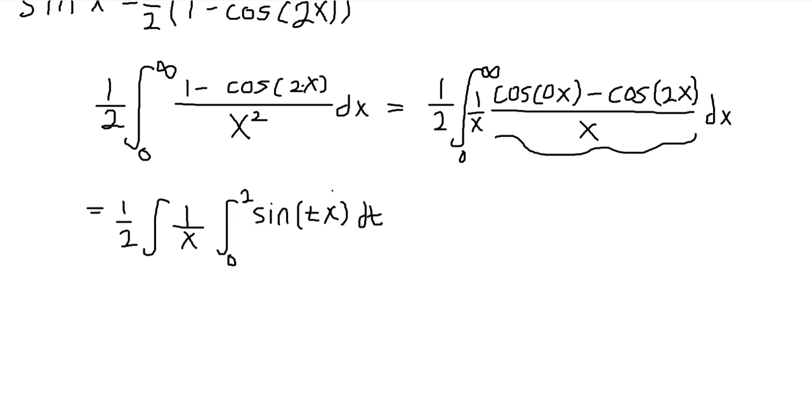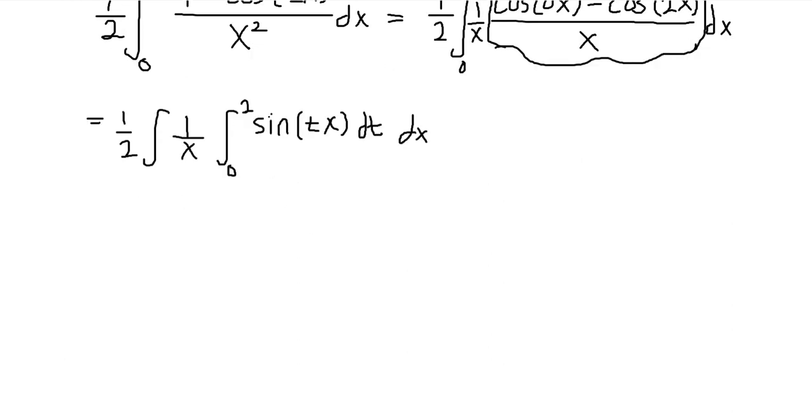Because when I integrate this, x will just be a constant. So when I integrate this, I get negative cosine of tx over x. And when I plug in my bounds, the negative cosine will make the 0 term the positive one, and the 2 one will be negative. So I've rewritten this whole expression in terms of another integral.